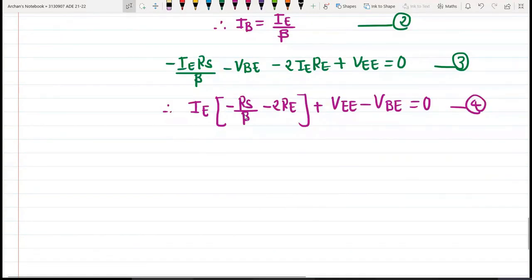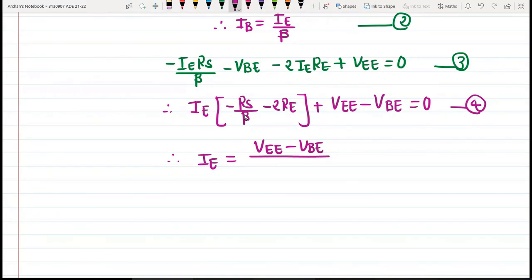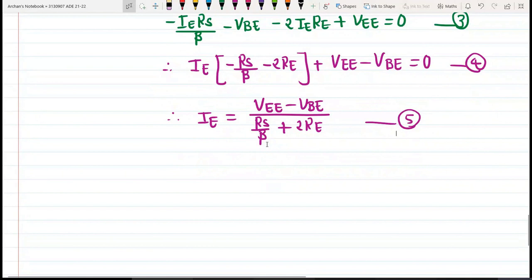Okay, now let us try to find out the value of IE. So IE equal to VEE minus VBE divided by RS by beta plus 2RE. Okay, so this is the equation of IE.